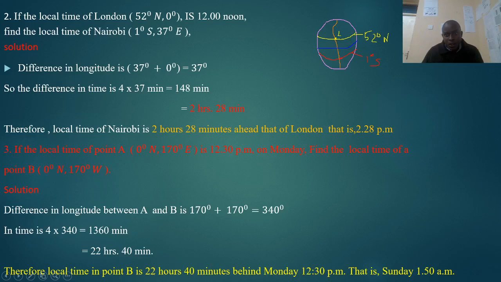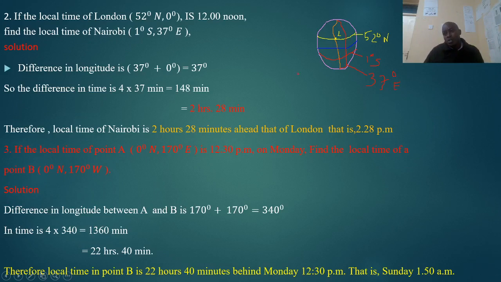If this is 1 degree south, and at 37 degrees east, you move, and I have your 37 degrees towards the east.